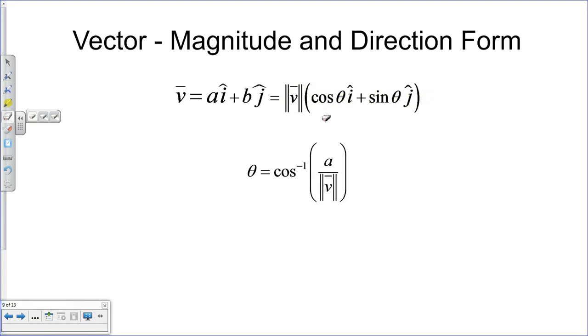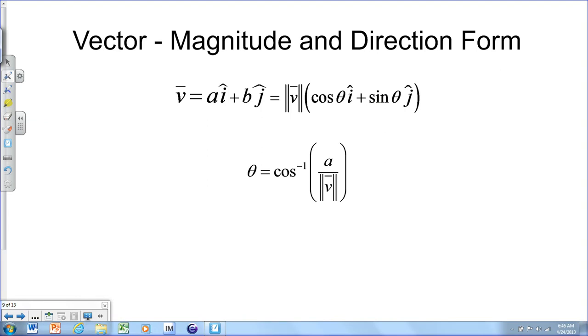And we're going to find them basically the way we've always been finding them. What I can do to find theta is take the cosine inverse of my A value, now think about that as my X, divided by my magnitude. That magnitude, again, is the radius, basically, from polar form. So this is not anything new. We're just applying it to this new idea of vectors.